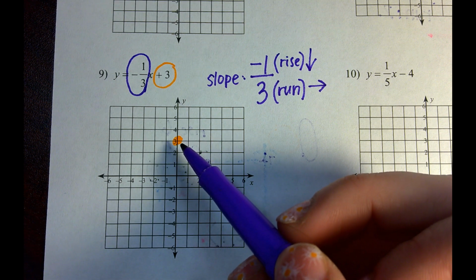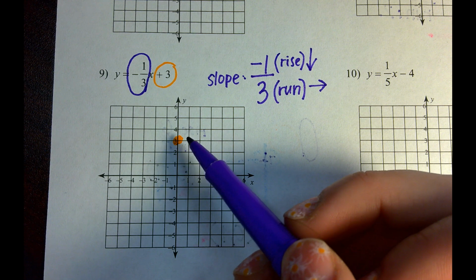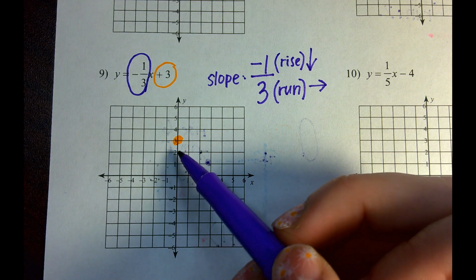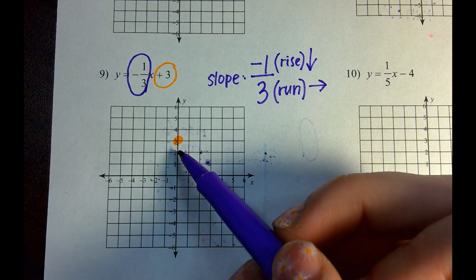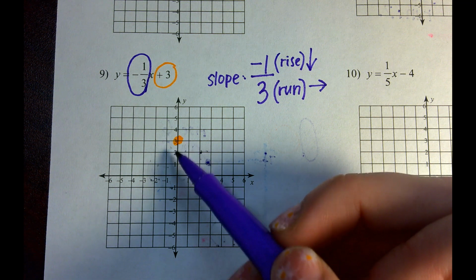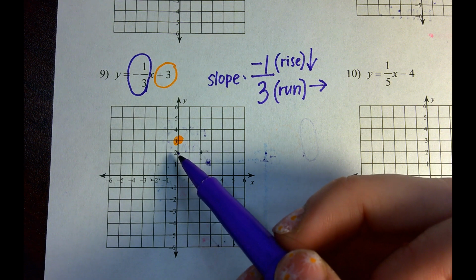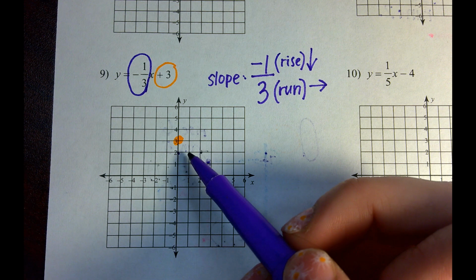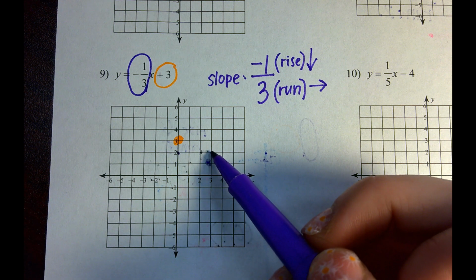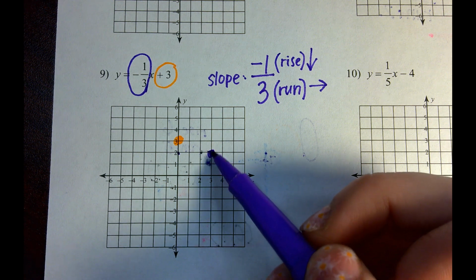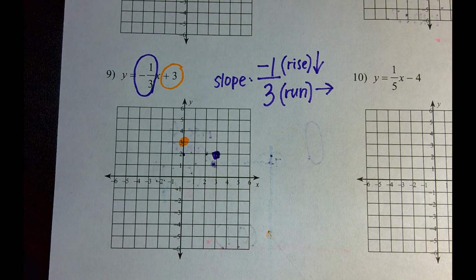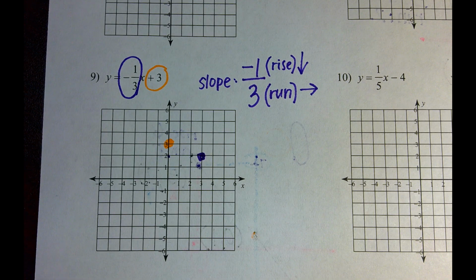So where do I go? Down to 2. Down negative 1, so that's going to land us on 2 right here. And now that I've used my negative 1 rise, I went down 1. What do I do next? Go over 3. Good. Run 3. So 1, 2, 3 right here. Perfect. So we'll just connect the dots.